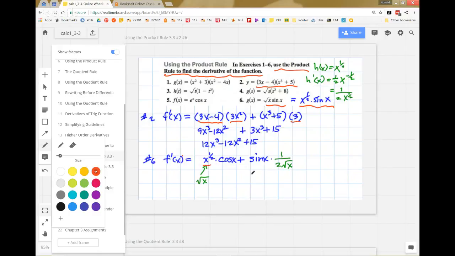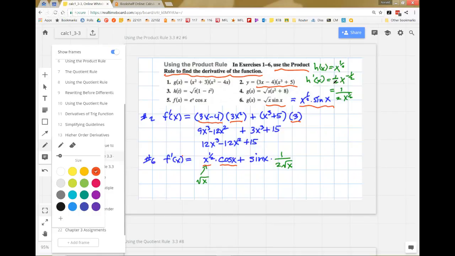The first times the derivative of the second, the derivative of the sine is the cosine, plus the second times the derivative of the first. If you look up here on the top, it shows what I did. What's the derivative of x to the 1/2 power?